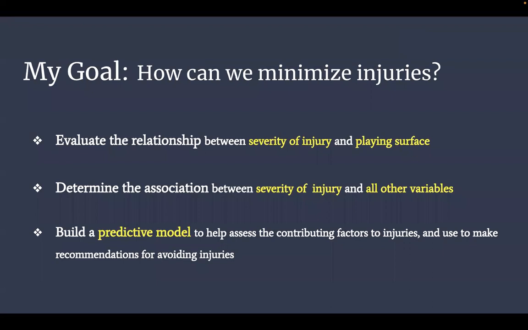During this project, we want to evaluate the relationship between severity of injury and playing surface, determine the association between severity of injury and all the other variables in our data set, and build a predictive model to help assess the contributing factors to injuries, and use this model to make recommendations for minimizing non-contact lower body injuries.